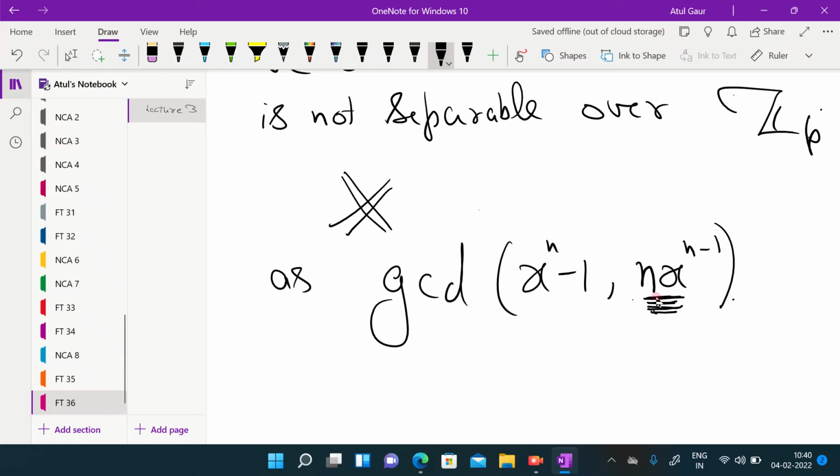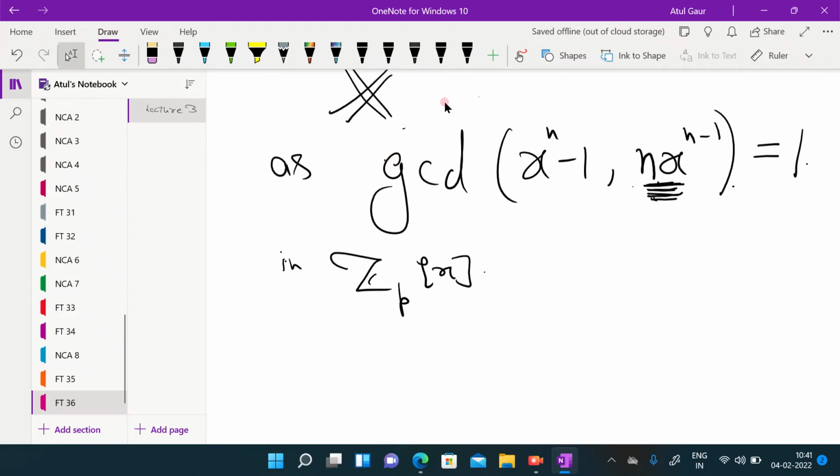When p divides n. We have taken p to be a prime not dividing n. So that means this is 1, right, in Z_p[x]. In fact, this is 1 for any field of characteristic relatively prime to n.